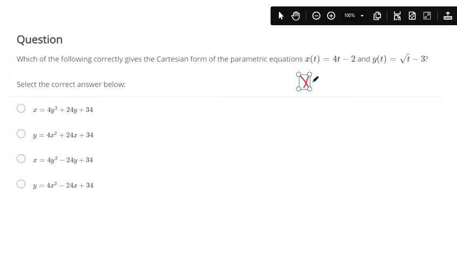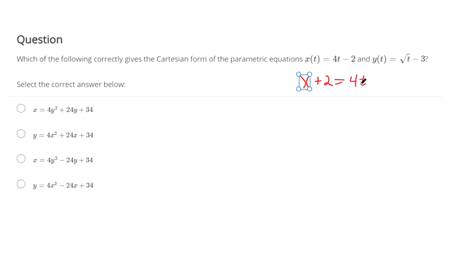So over here, I'm going to take the x function. Divide both sides by 4, so t is going to be x plus 2 divided by 4. And then that lets us rewrite y. y is going to be the square root of x plus 2 over 4 subtracted by 3.